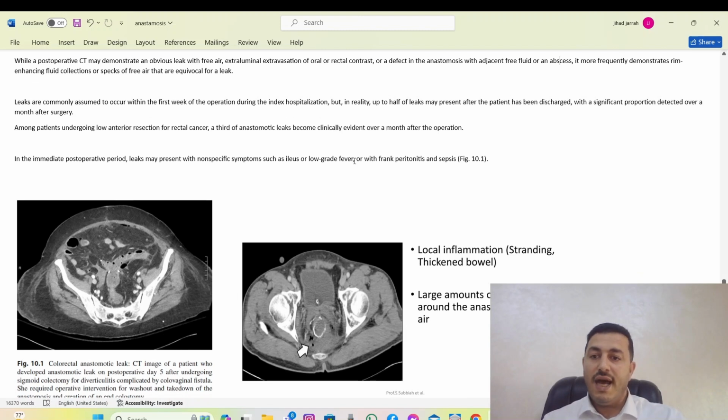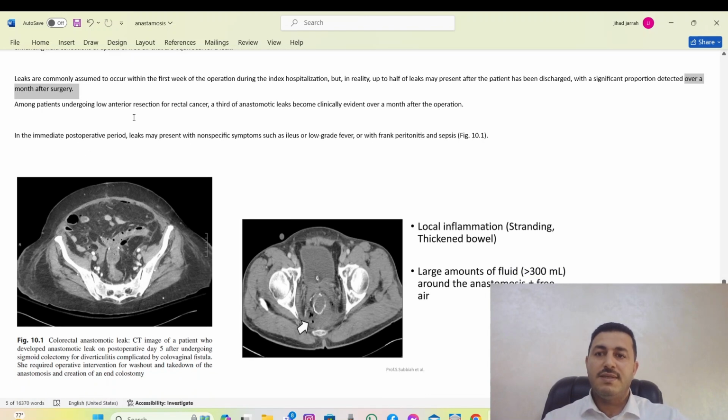Of course, we said leak is late, at 5 to 7 days, meaning within the first week, but that doesn't mean it may not present later. It could present over a month after surgery, with vague abdominal pain.